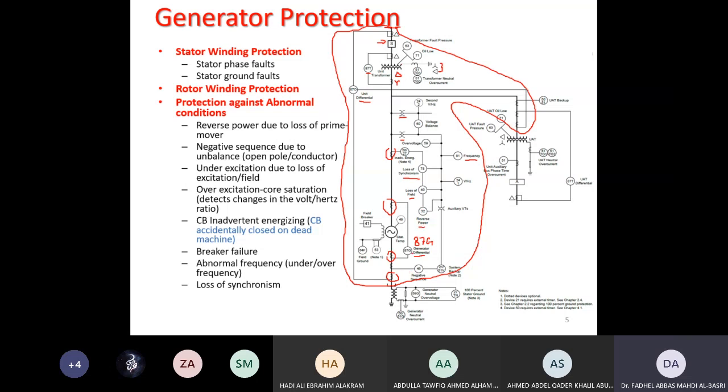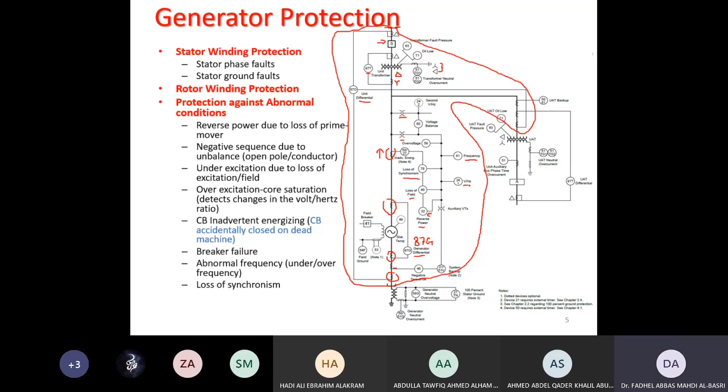We need a current, which is fed from this CT, and a voltage, which comes from these VTs. So it requires both. The current will be from this side, because I would like to measure the reverse current, and the voltage is this, from which I can measure if the power has reversed or not.